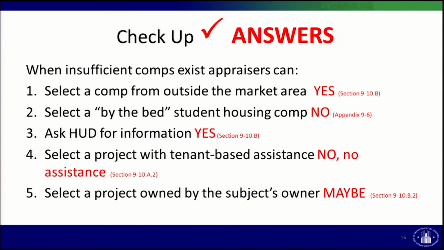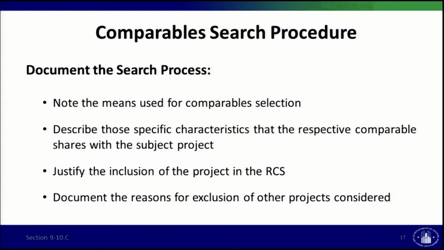I now want to move into the process or procedure for searching for comps as detailed in section 9-10. First, please remember that the important thing is to document the search process. You need to note the means used for the comparable selections. Did you drive the market area? Did you interview account executives, owners, consult a subscription database, or a combination of all of those?